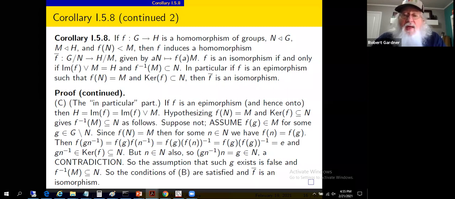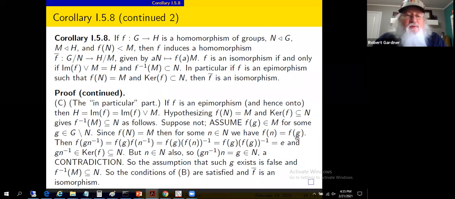We do know that F of capital N equals all of M, and F of g is something in M. So there's something in capital N, call it lowercase n, that's mapped to that element of M. So let's take this equality and run with it, and the fact that F is a homomorphism. Let's consider F of g n inverse. Homomorphism properties tell us that's F of g times F of n inverse.